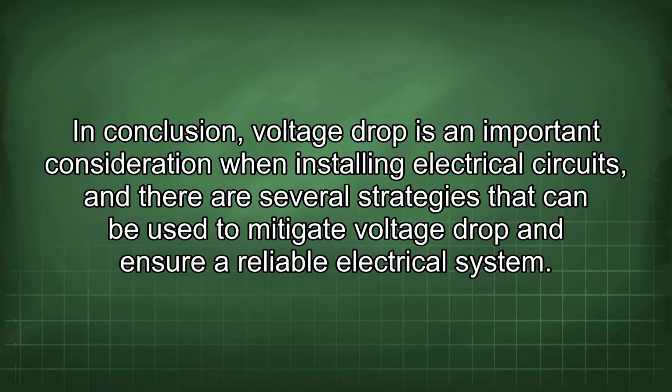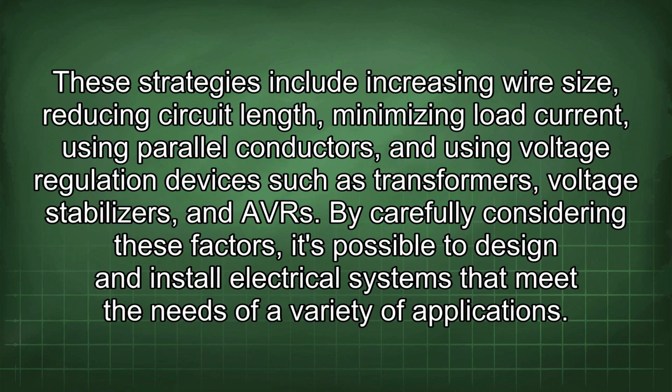In conclusion, voltage drop is an important consideration when installing electrical circuits, and there are several strategies that can be used to mitigate voltage drop and ensure a reliable electrical system. These strategies include increasing wire size, reducing circuit length, minimizing load current, using parallel conductors, and using voltage regulation devices such as transformers, voltage stabilizers, and AVRs.